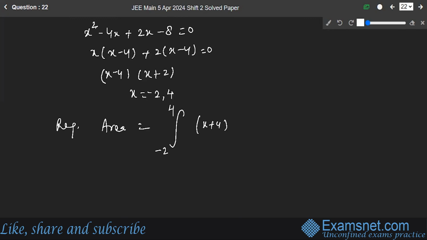It will be x plus 4 minus x squared by 2 dx.